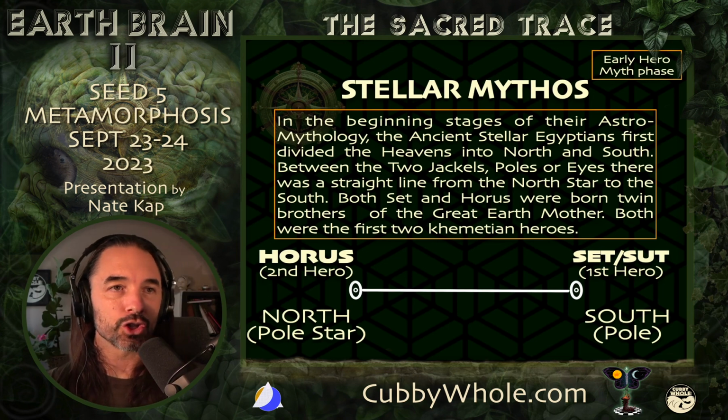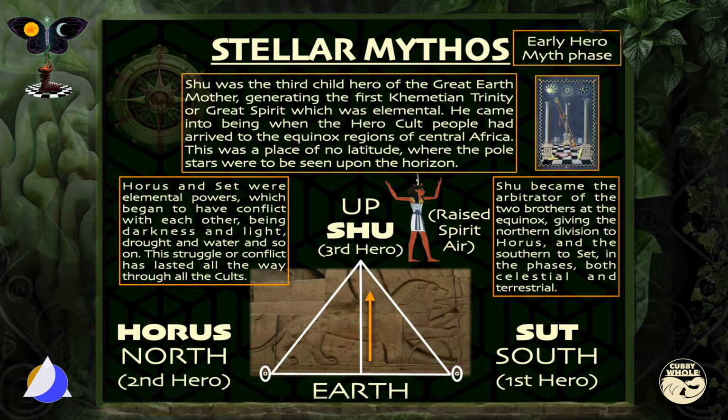Now, Shu was the third hero child of the great Mother Earth, generating the first Cometian Trinity. So this is where the Trinity comes from, or the Great Spirit, which is elemental. He came into being when the hero cult people arrived in the equinox regions of Central Africa.